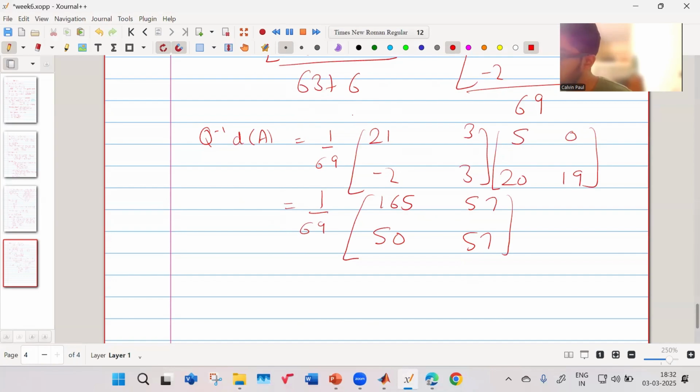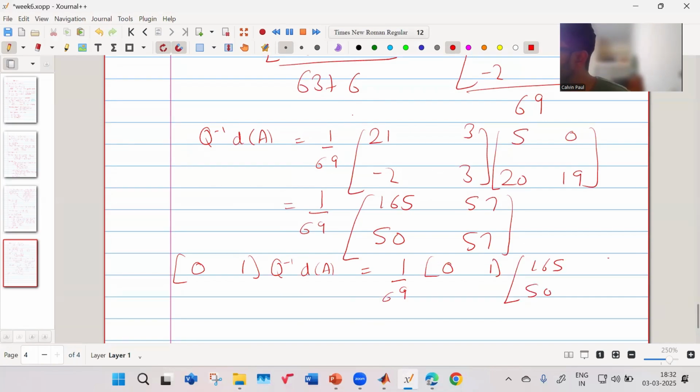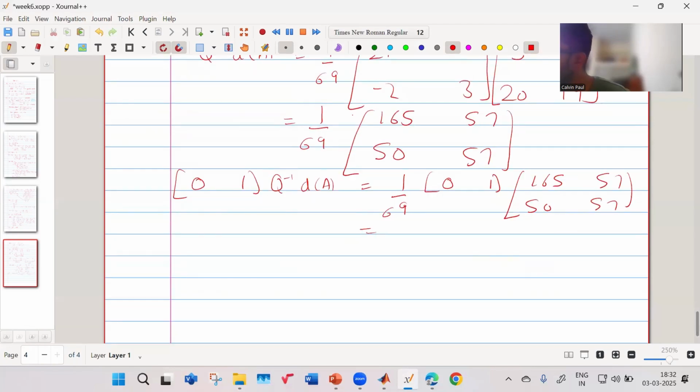So this is given by 0, 1, Q inverse of D of A. Taking 1 upon 69 common, it is 0, 1 times 165, 50, 57, 57. So we get 50 here and 57 here, with 1 upon 69.